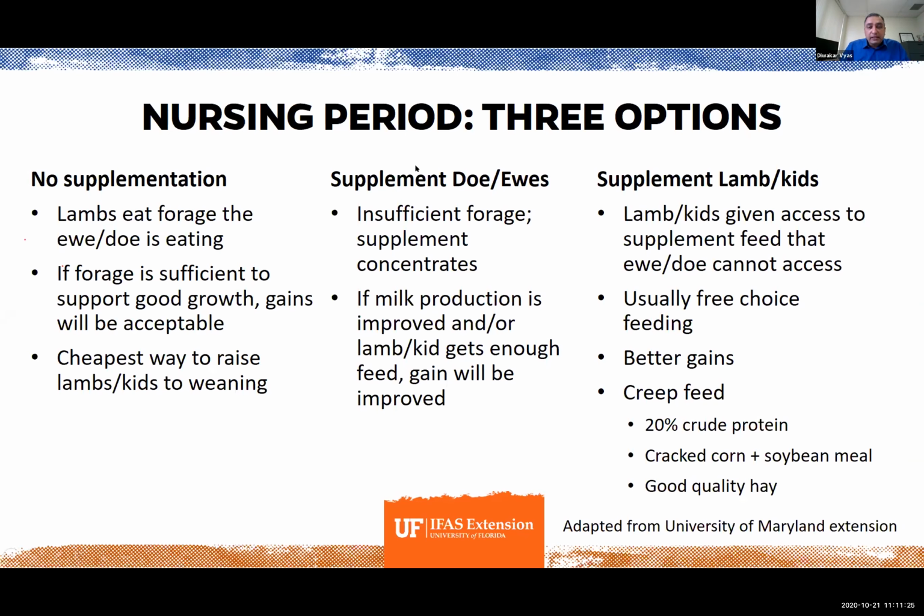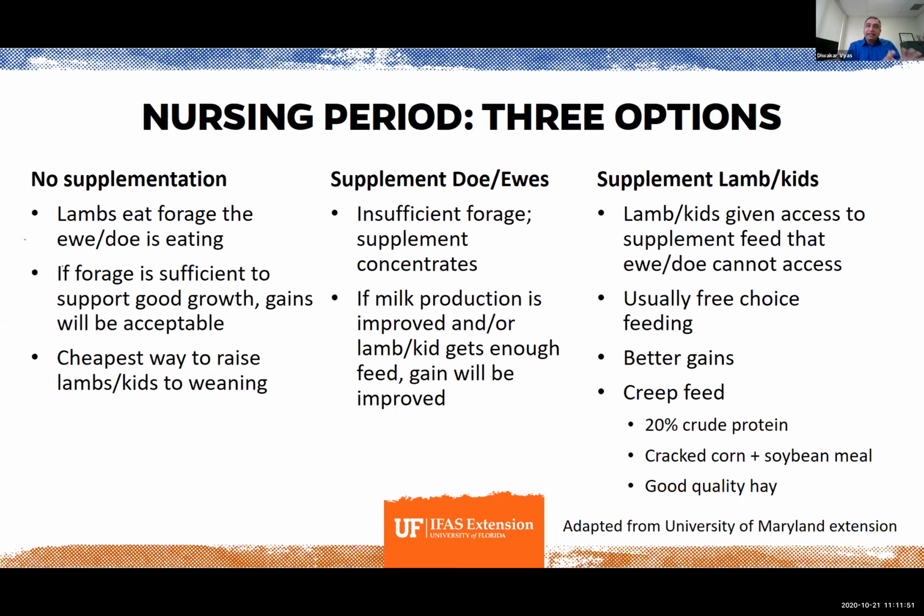Now, supplement use. If the biomass is not enough, then we can supplement the ewes with concentrate. When we supplement some of the energy and protein from concentrate, ewes will not consume as much forage because they are already meeting their requirement, and that forage will be left for lambs.